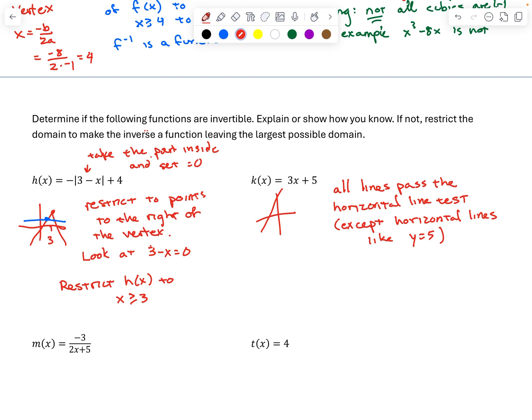So constant functions, no. We will see that in the problem below, but there are no restrictions necessary.